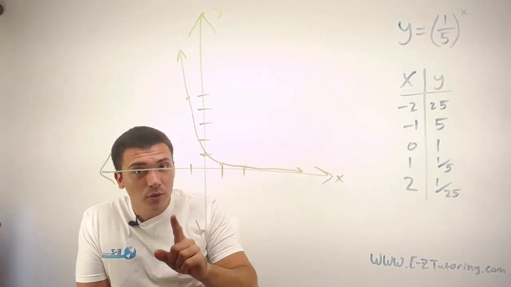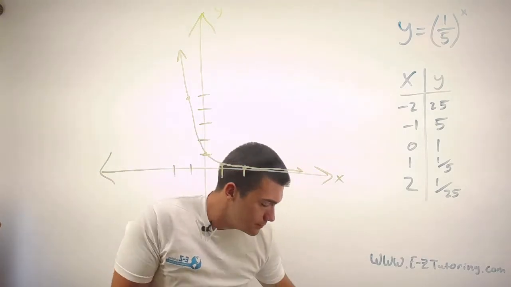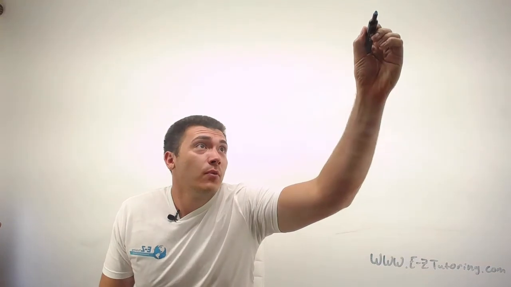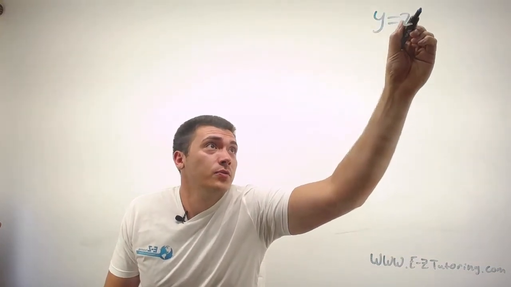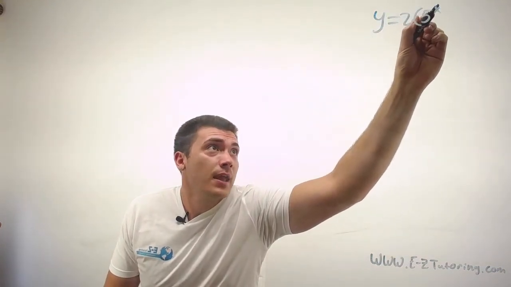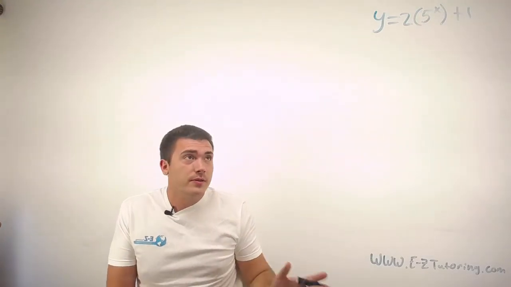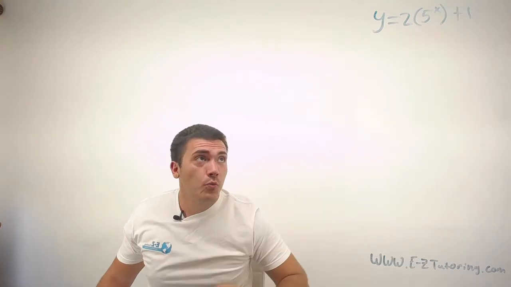All right, I got one more graph for you guys. Okay, so let's say that now we have y equals 2 times 5 to the x plus 1. Now, this is similar to what we did first, except that we have this 2 and this 1.